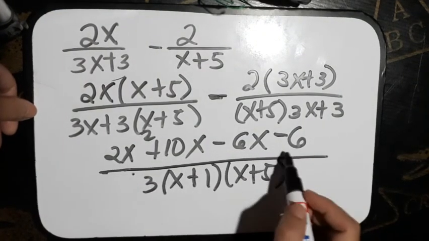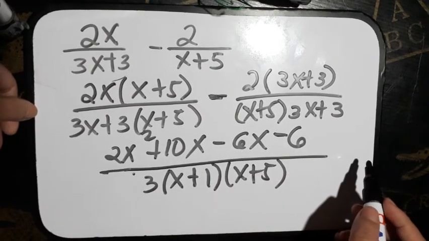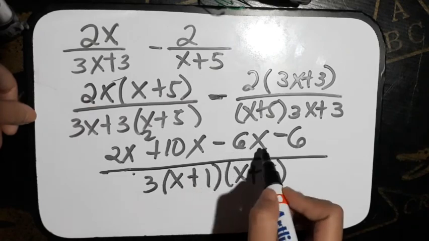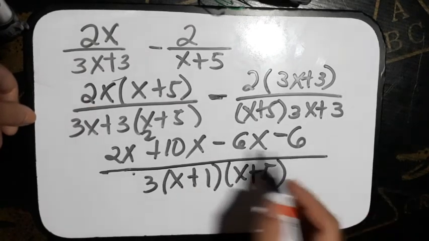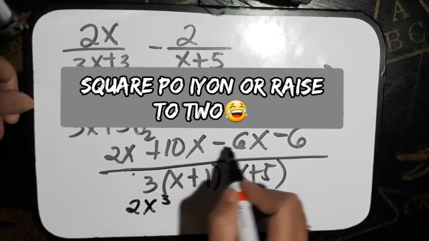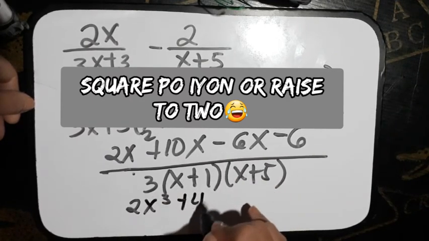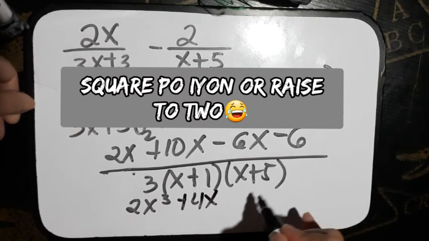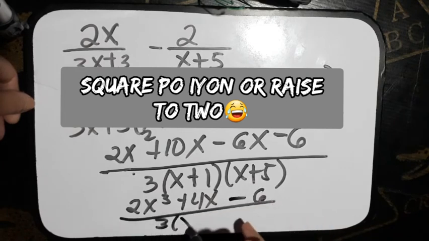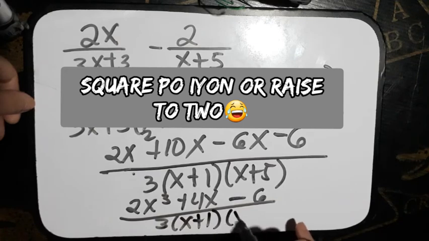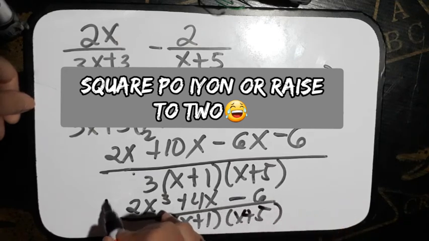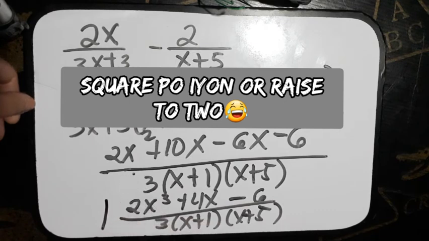Now, we combine like terms. So we have 10x and negative 6x here as the like terms. So we combine that. It will become 2x squared plus, 10x minus 6x is equal to 4x, minus 6 over 3 times x plus 1 times x plus 5. That will be our answer.